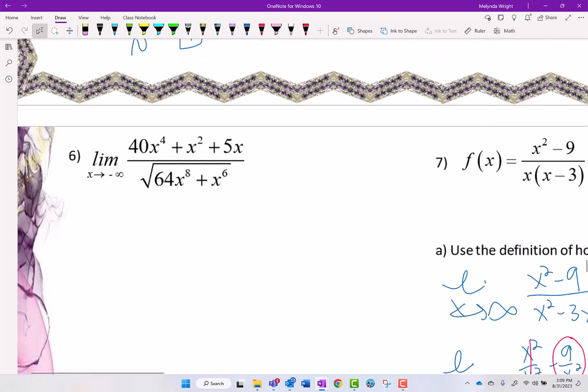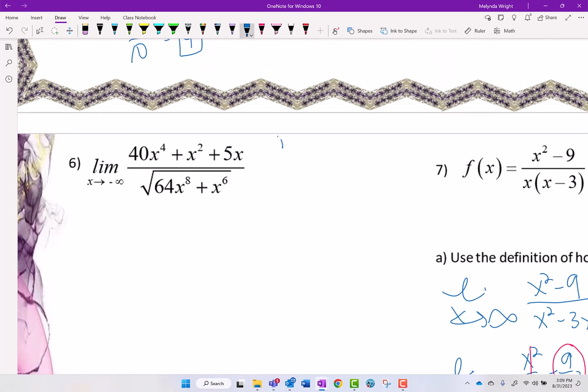I'm just going to write that down. This one has an issue because of the radical. Remember, a radical, that's the square root business. That's a problem. I'm just going to throw it out there. It's a problem. It has to be attacked a different way.